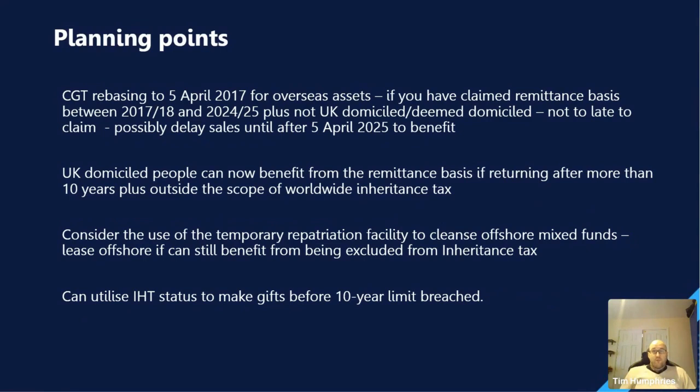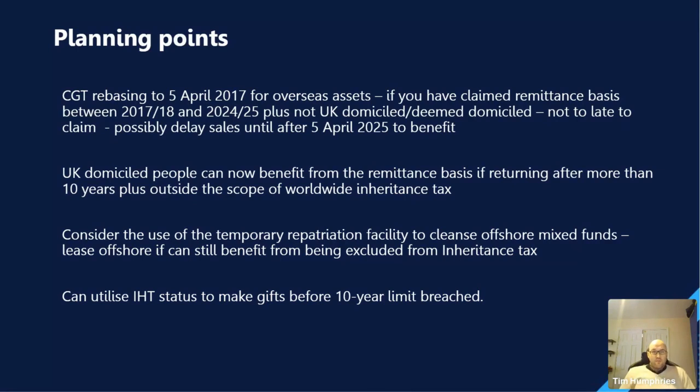Previously, once you'd become deemed domiciled in the UK, the capital gain would have been liable to UK capital gains tax on sale, and you would have used the original base cost in working out that capital gain. So if the 5th of April 2017 value gives you a better answer, then you can elect to use that rebased value. So there is some good news on the capital gains tax front: for people who meet the criteria, you can wipe out part of the gain if the value is higher than the 5th of April 2017 value on your overseas assets.